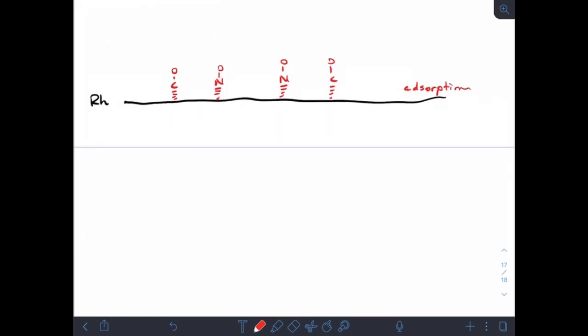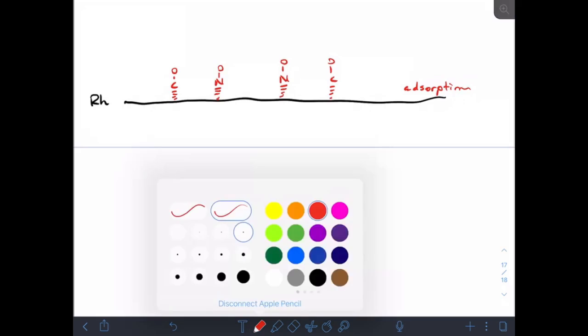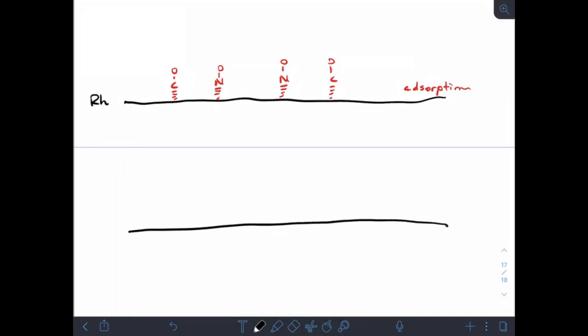Okay, next is the diffusion step. Oops, not RB, RH. So our carbon monoxide is stuck down, and we get some oxygen moving along from the nitrogen monoxide.